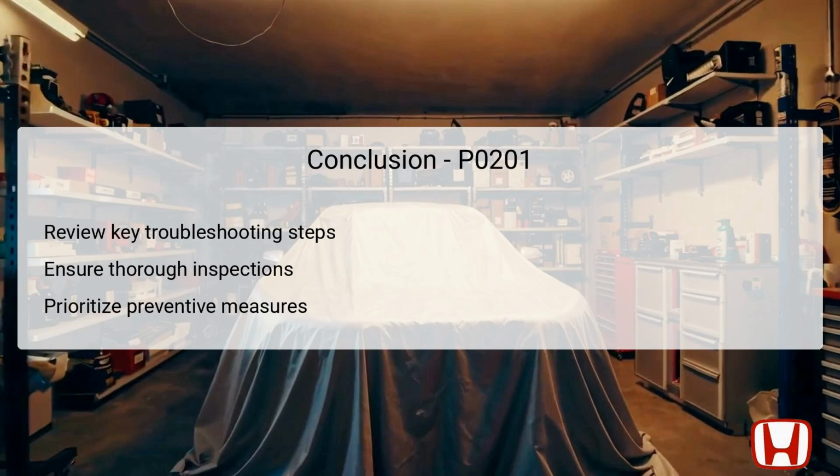It is equally vital to conduct thorough inspections of all related components to prevent misdiagnosis or overlooking secondary faults. Furthermore, prioritizing preventive measures can significantly enhance the reliability and performance of the vehicle, reducing the chances of recurrence of this or similar DTCs. Always remember that thorough diagnostics, coupled with ongoing maintenance, will lead to a more reliable and performing Honda Civic.